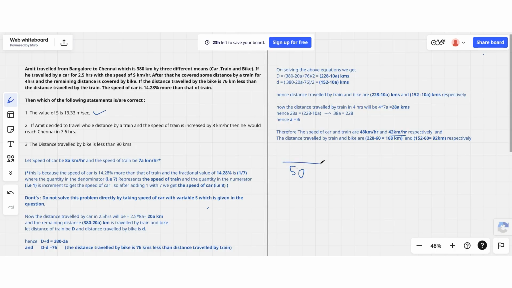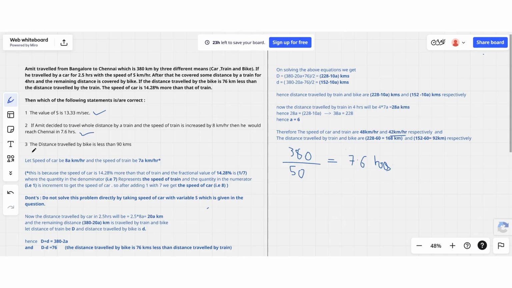And the overall distance is 380 kilometers. On solving this, we get the time required to reach Chennai, which is 38 by 5, equal to 7.6 hours, which is also correct. So statement 2 is also true.